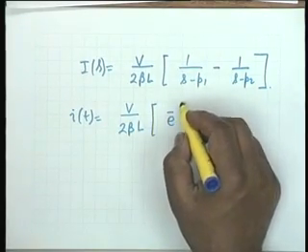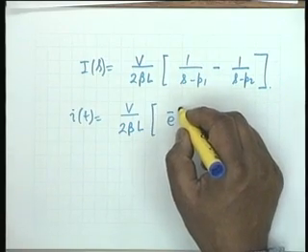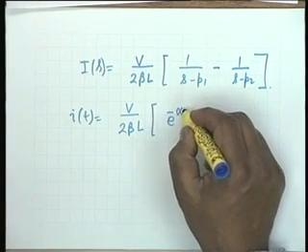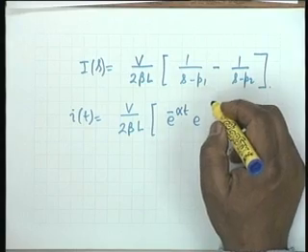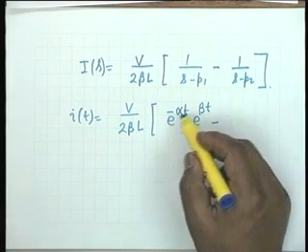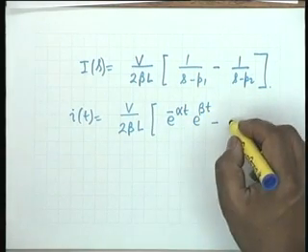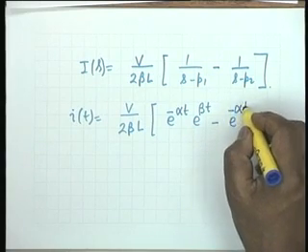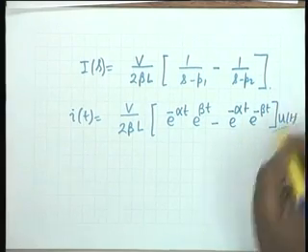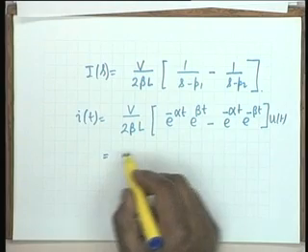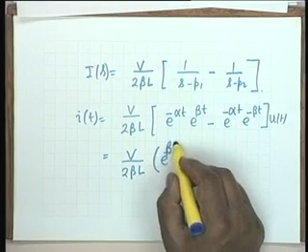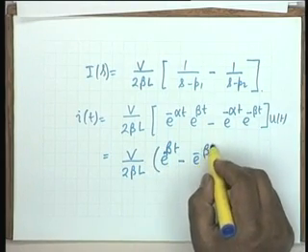e to the minus P1 t, minus e to the minus P2 t, which would be e to the minus alpha t e to the beta t minus, this is minus alpha plus beta, minus e to the again minus alpha t but e to the minus beta t, multiplied by u of t, which I can write as V by 2 beta L e to the minus alpha t, e to the beta t minus e to the minus beta t.